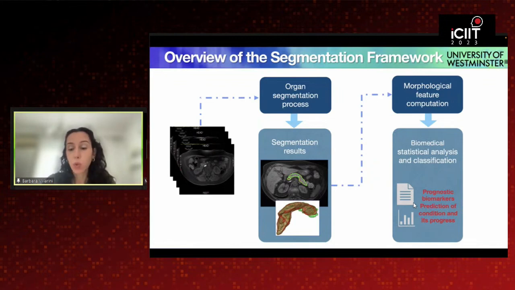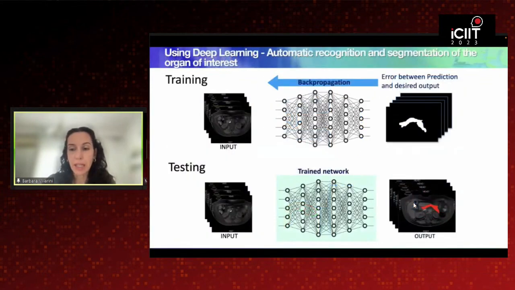But how do we automatically recognize the organ of interest within the medical image? So we are using a deep learning approach. In this slide, I would like to provide the main concept. So we see that a deep learning network is trained using multiple image volumes and respective annotated ground truth of the organ of interest, in this case, the pancreas.